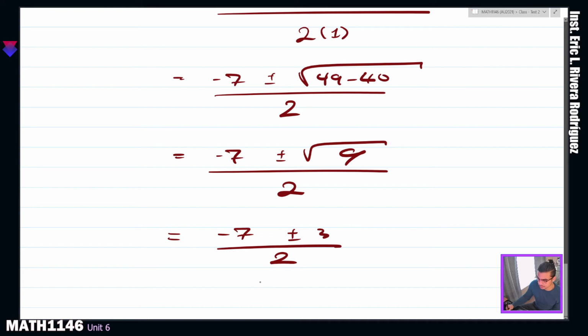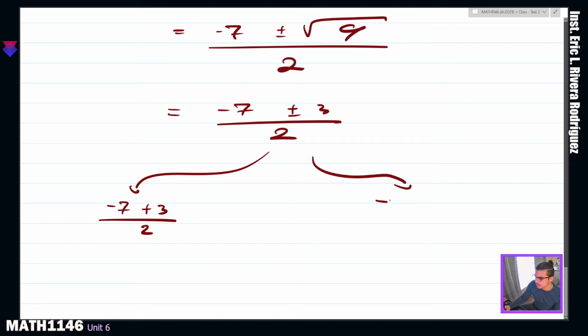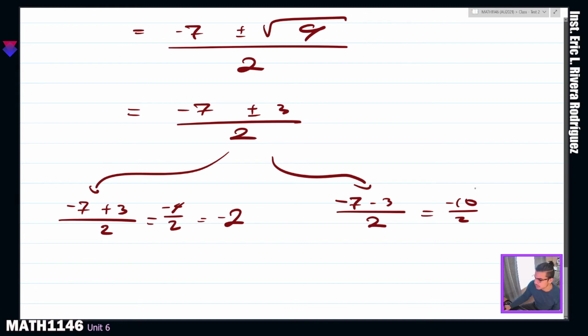Then we have two possible values: plus 3 over 2, and the other one will be minus 3 over 2. So this gives us -4 over 2, which is equal to -2, and this gives us -10 over 2, so this is equal to -5.